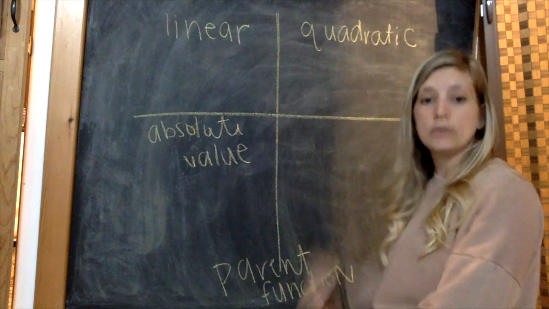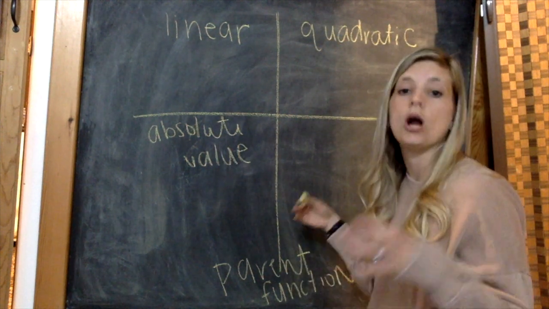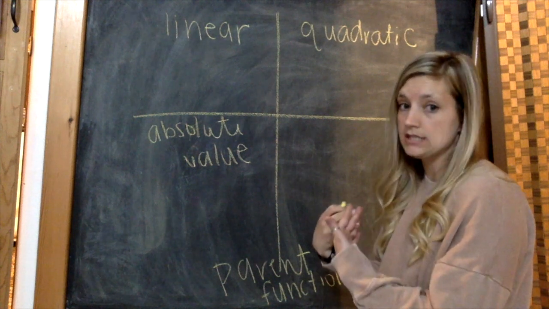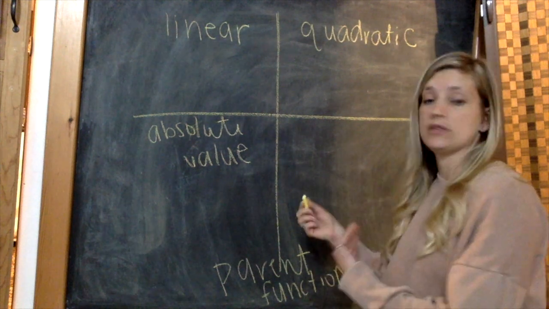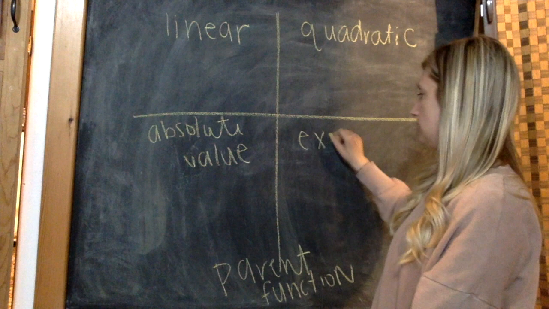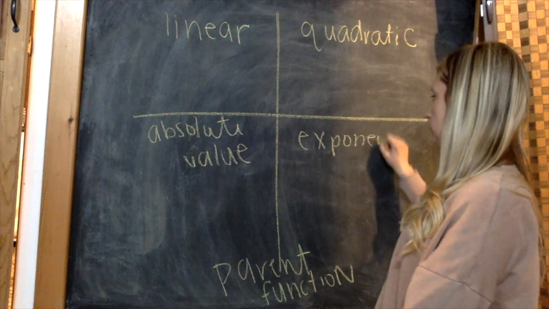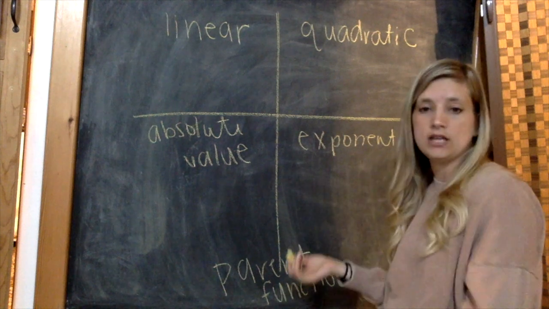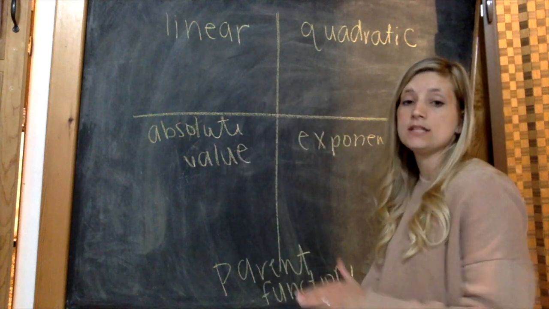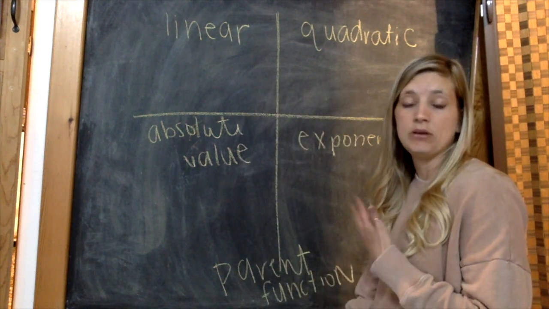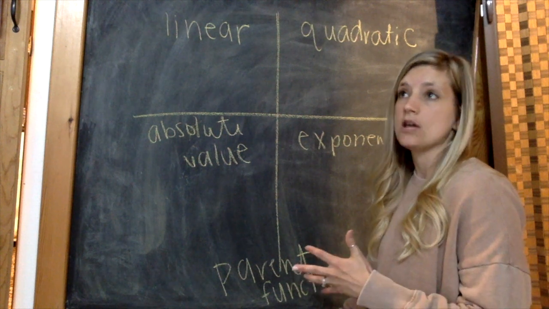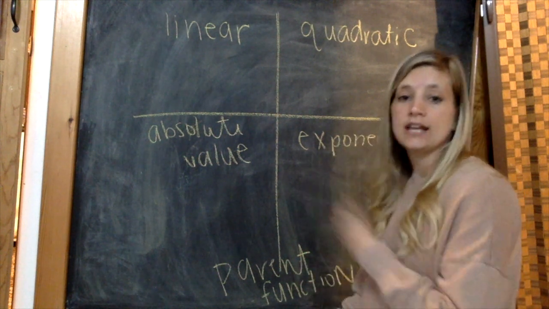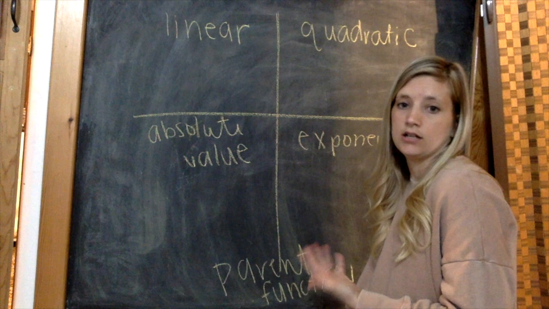I know that we covered absolute value because we put all of those into that short little unit. And then the last one that we have is exponential, which, better news, we've done this. So guys, we have done all 4 of these. So now it's just basically going back to review and say, if I see this picture, can I instantly pick out that that's a linear function?